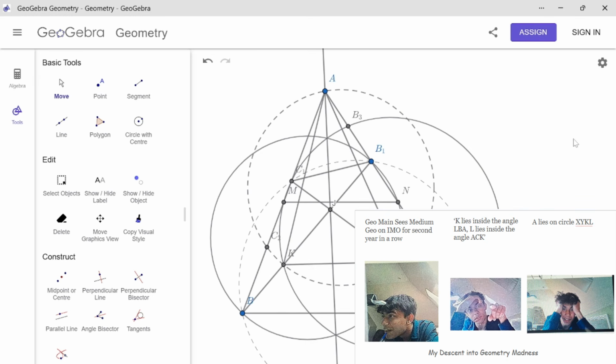Okay, so BB1 is, if we define B2 as the midpoint of CB1 and C2 as the midpoint of BC1, we know that BB1 is the radical axis of circle AB2C2 and CC1M.